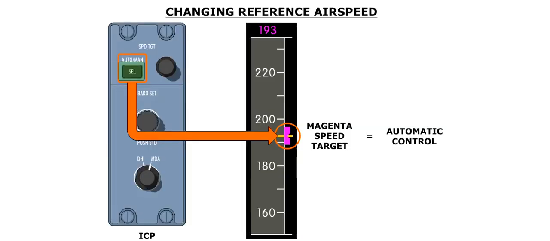The airspeed to hold can be set manually by the crew or automatically by the FMS. This is controlled by the speed target control push button labeled Auto Manual on the ICP. When the speed is automatically controlled by the FMS, the speed bug on the PFD is displayed in magenta. Click on the Auto Manual push button to manually control the airspeed.